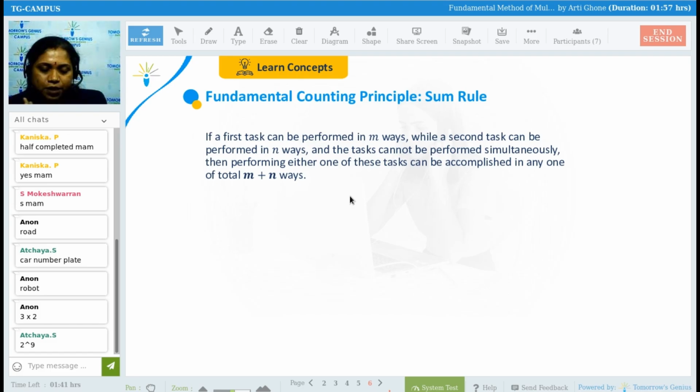If you know the very simple concept of sets, and, or: from your class, we have 4 girls and 3 boys. Out of your class, I just want to select the monitor. I'm giving two cases.